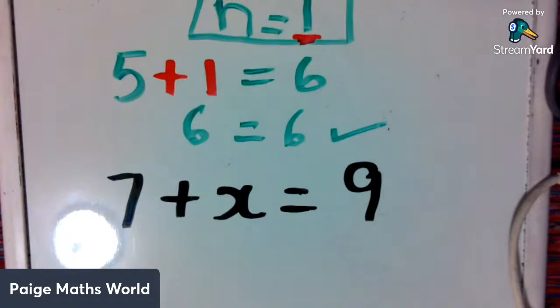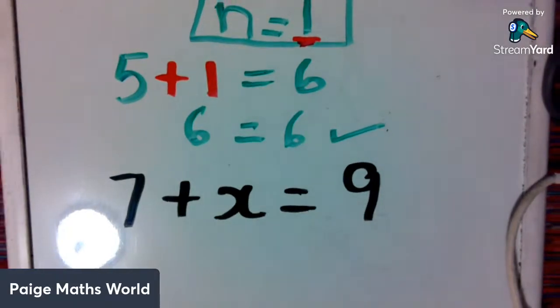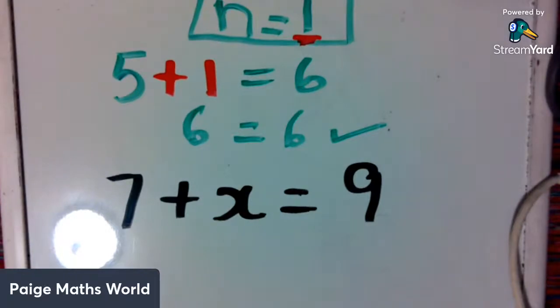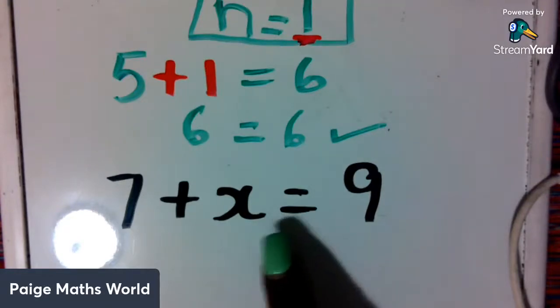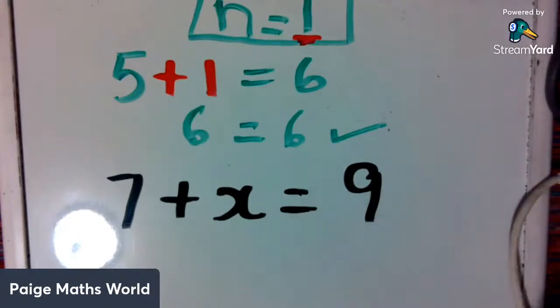And remember, 7 plus x equal to 9, and you are asked to solve this equation. So in solving, again, remember you're trying to get that variable by itself. We want to get x by itself. You can pause and try to do it, and then tell me what you get for your answer. Giving you 30 seconds.